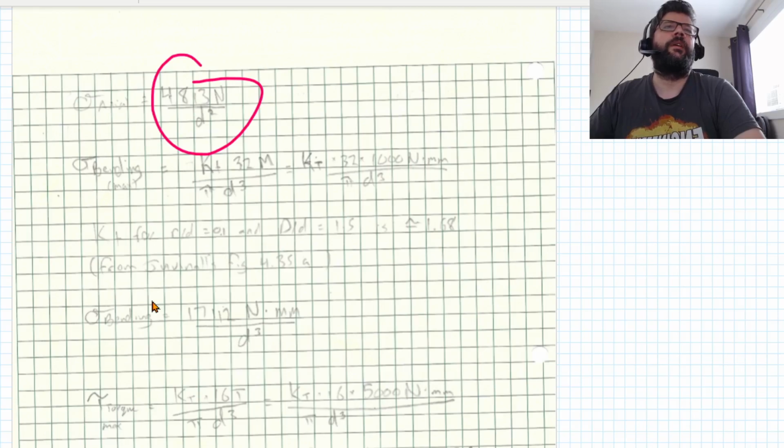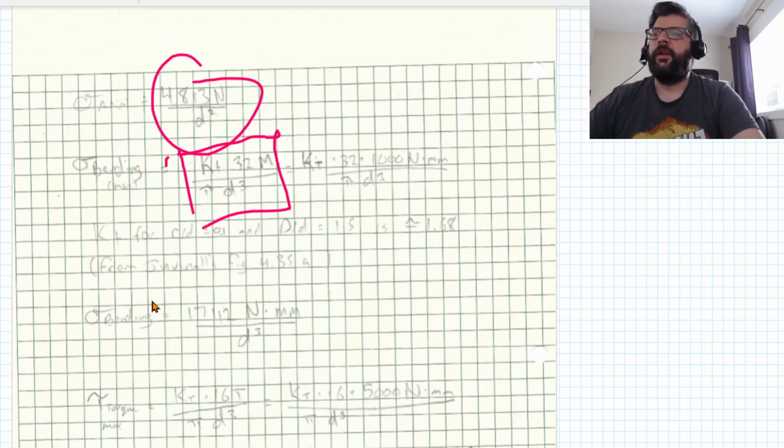And that's basically just them already substituting the values for I into the equation. If you're wondering, the nice thing about the charts in Juvinall is that they include the nominal stress equations on the chart, so you can just go straight there and write that down instead of having to remember what the formula for bending stress is.